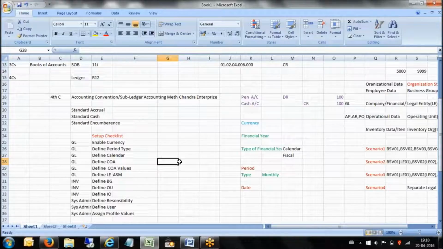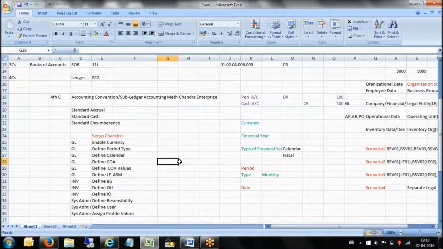Another thing: when your company has headquarters in one country, and one company is running in a different geography, and the stakeholders sitting in one country say, you keep on entering the transactions in your functional currency. Why do I say functional currency? Because for that company in that country, it is the functional currency.